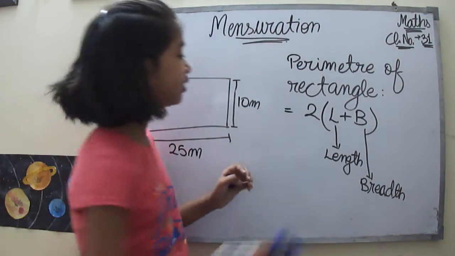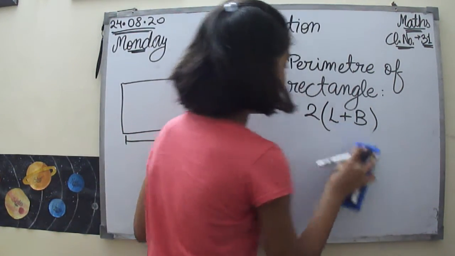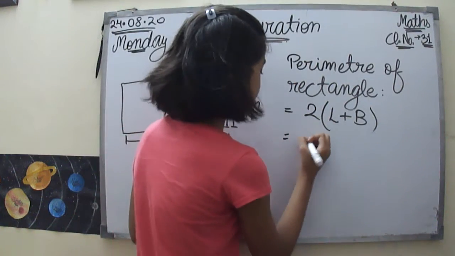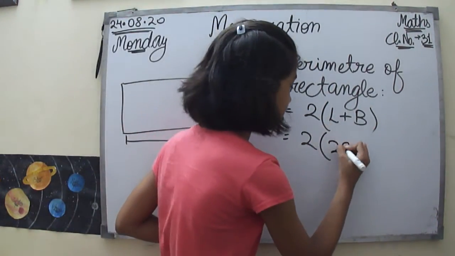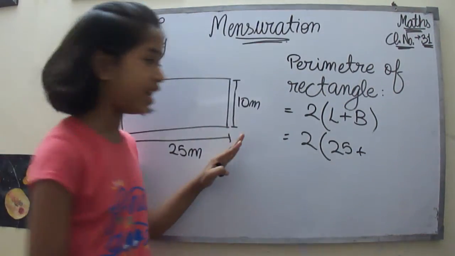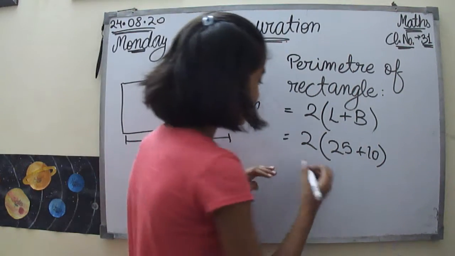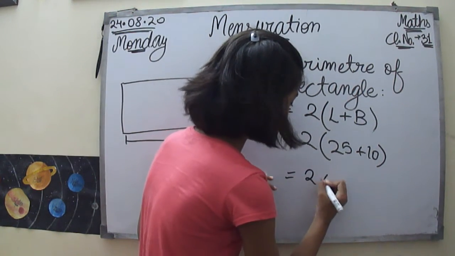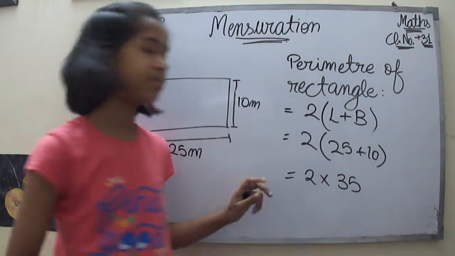So here, when we use our formula, what do we get? We get it like this: 2. What is the length of the rectangle? 25. What is the breadth of the rectangle? 10. What do we get when we add these? We get 2 into 35.